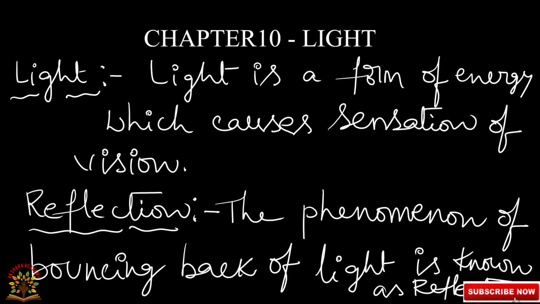Now first in this what we discussed, light. Light is a form of energy which causes sensation of vision. And next topic, reflection. The phenomenon of bouncing back of light or throwing back of light is known as reflection.